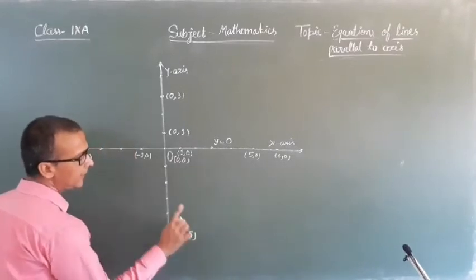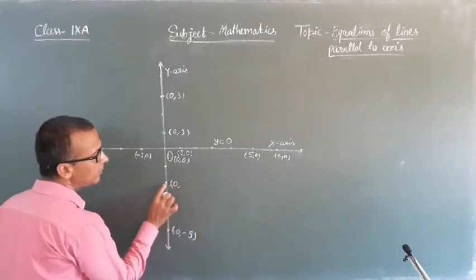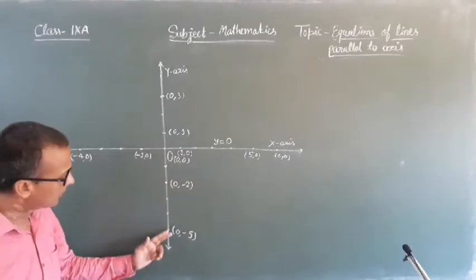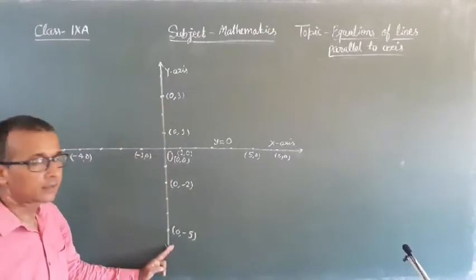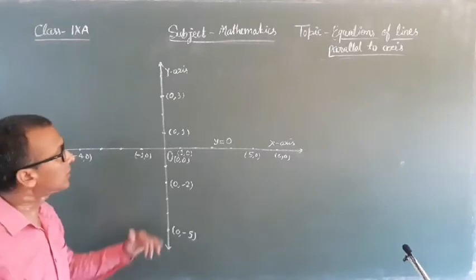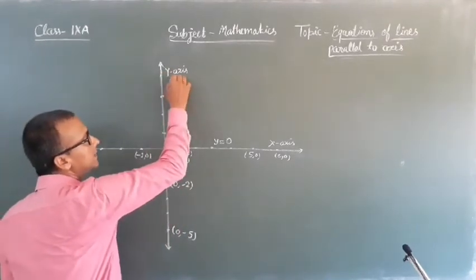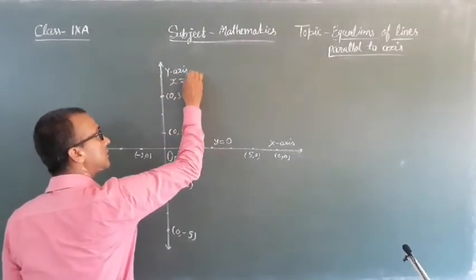It is (0, -5). And it is (0, -2). Look at here. The value of x is 0. So you can say the equation of the y-axis is x = 0.